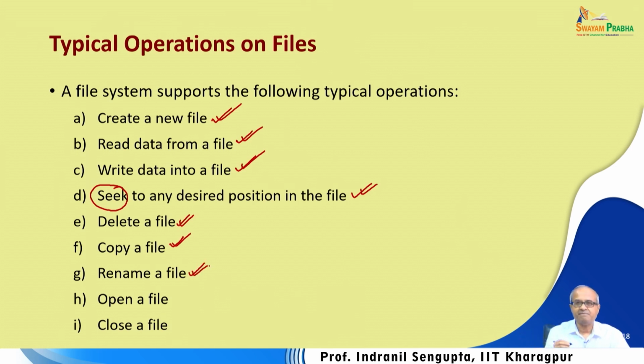Rename a file, do not copy, just change the name of the file, data remains the same. And again, when you do low level file processing by writing a program in C or C++, at the beginning normally you have to open a file, after doing all read write everything, at the end you will have to close the file. So, these are some of the typical operations that are provided as part of the file system.